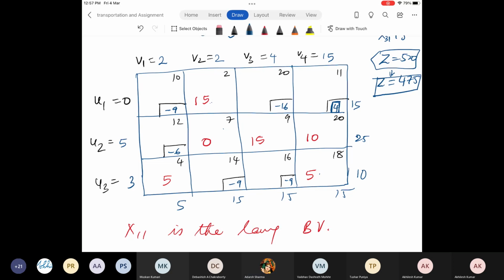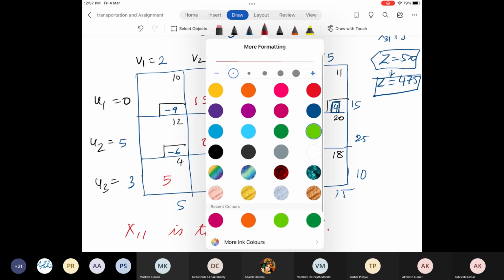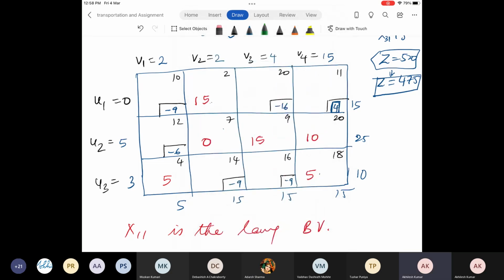No. So which variable will enter the basis now? X14. X14, assign theta: 15 minus theta, 0 plus theta, 10 plus theta.